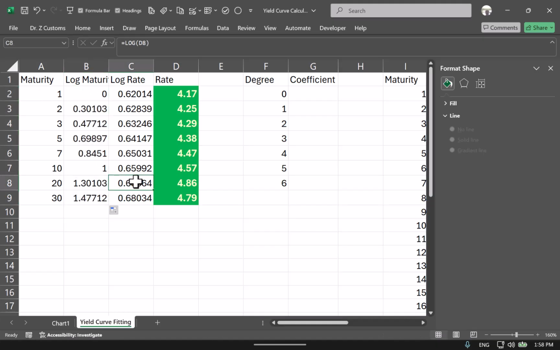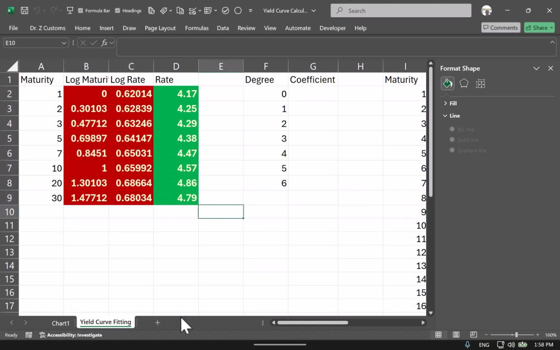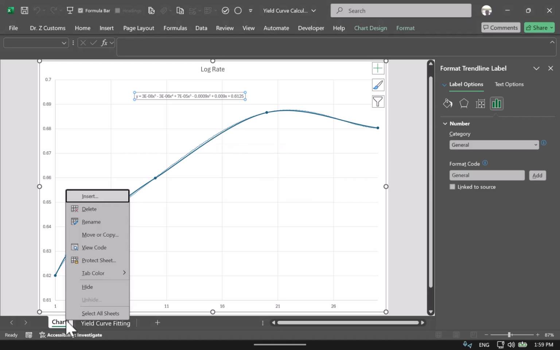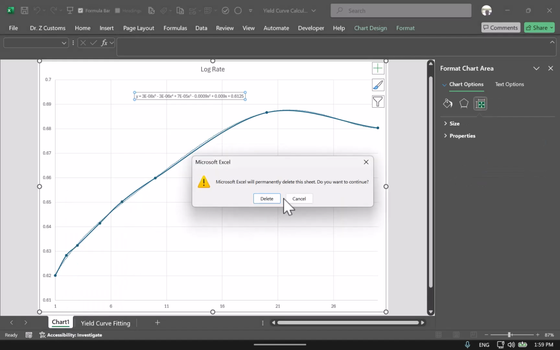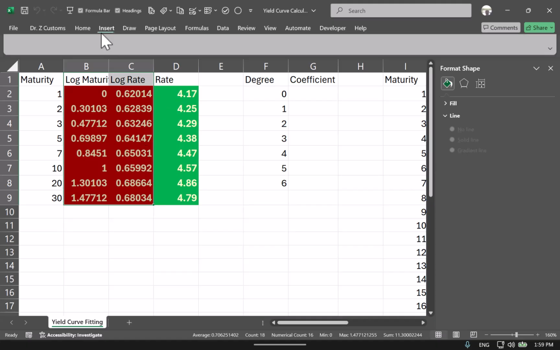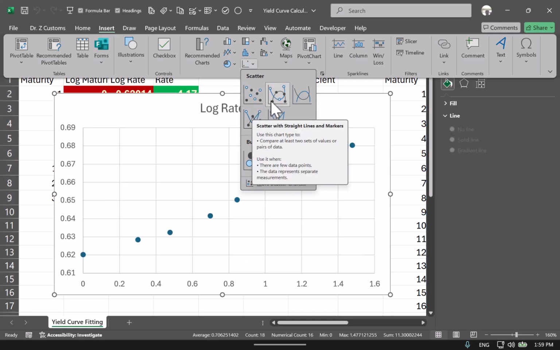Okay. Oh, let me delete it and do it from the start, insert, something like that.